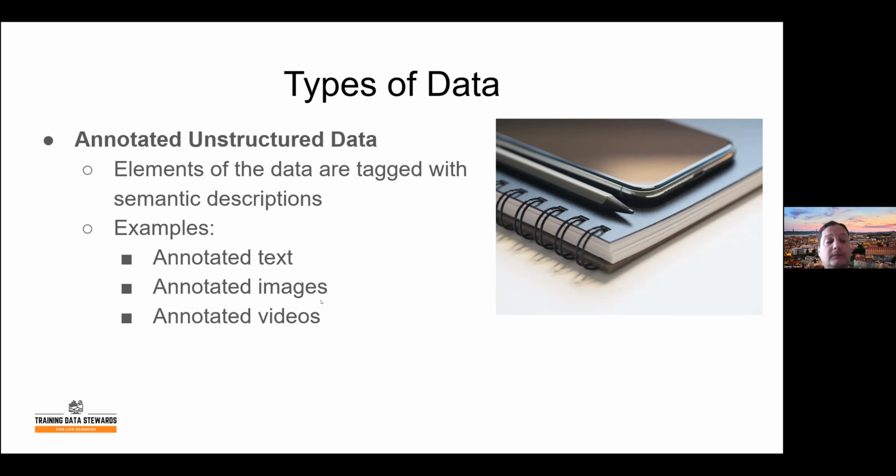Okay, and this can be done typically manually, although there are machine learning algorithms that are able to do some automatic annotation of text and images and videos, and actually automatic image processing is getting better and more reliable than automatic text processing.